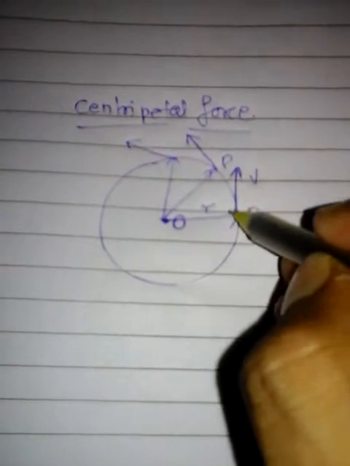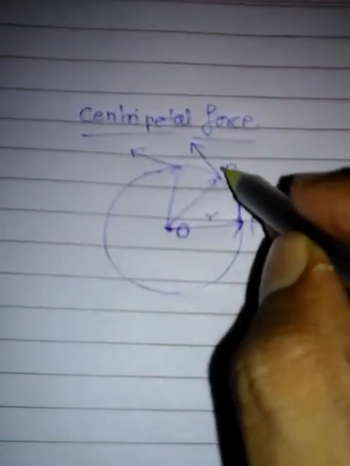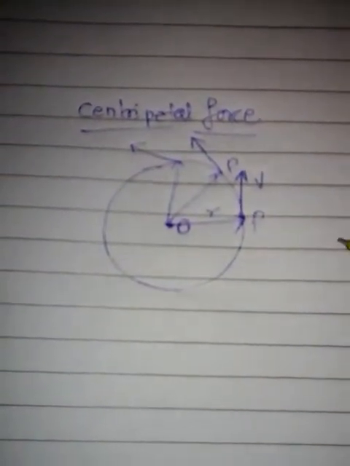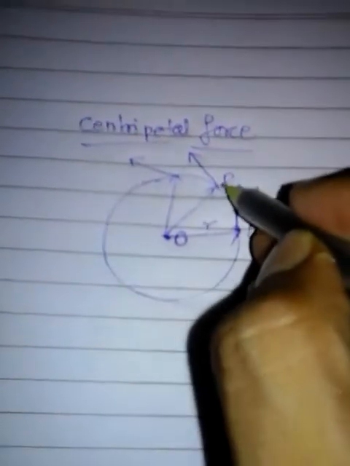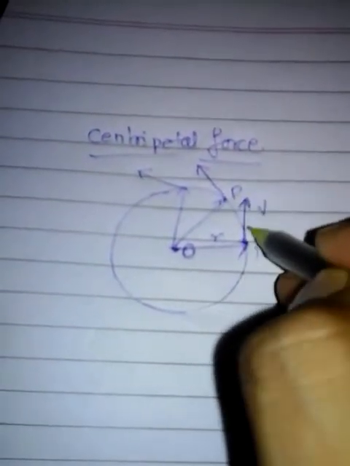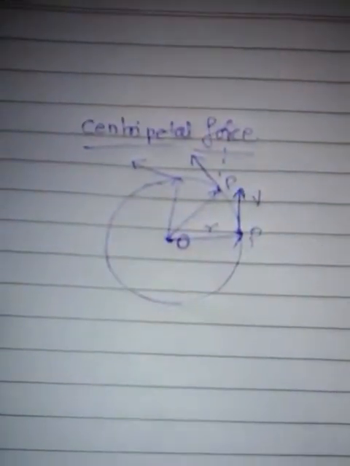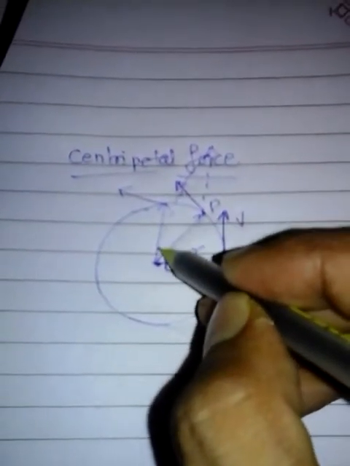Due to the change in the linear velocity, there is an acceleration which the particle experiences, and that acceleration, if I look carefully, if I draw this, is like this way. That acceleration acts towards the center.